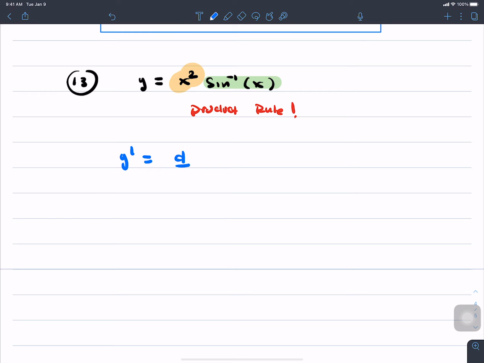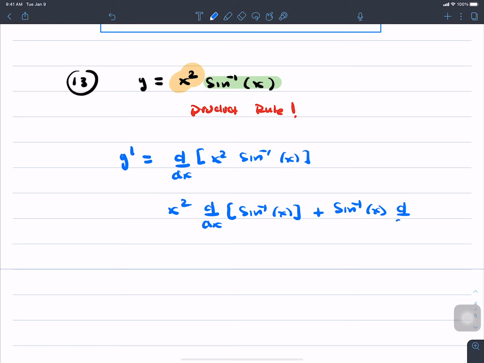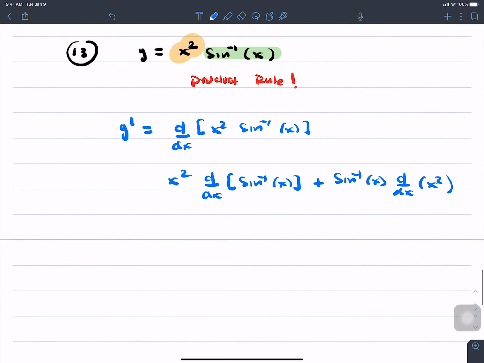So the product rule, you write every detail. You pull out the first function, x squared, and you differentiate the second function. Plus you pull out the second function, and you differentiate the first function. So if you wanted to see the colors here, here's x squared. This is your product rule.